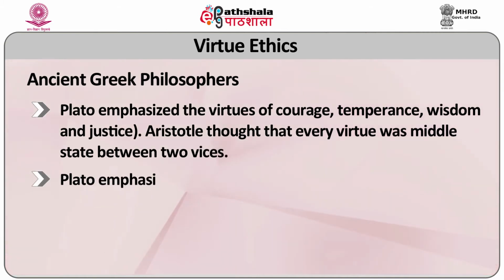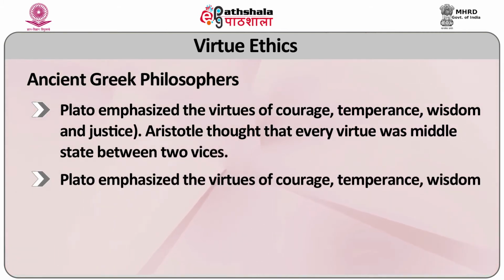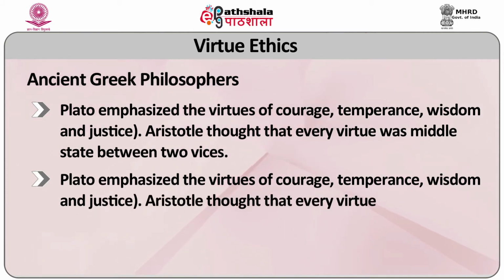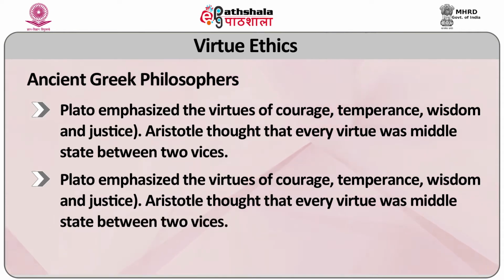For instance, courage is a middle state or mean between two vices of rashness and cowardice. Plato and Aristotle laid the foundation for a virtue theoretic account of characteristic traits upon which later philosophers built their work.